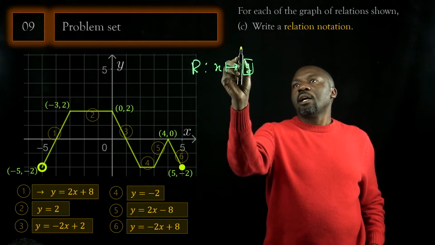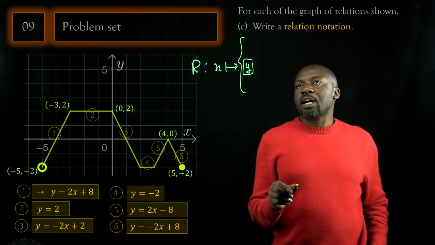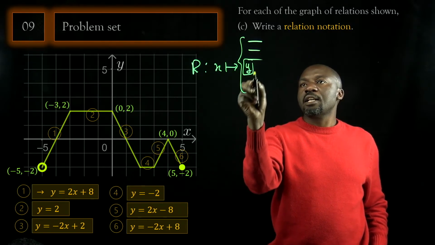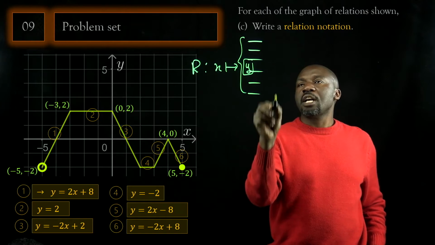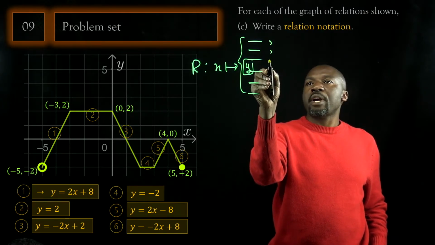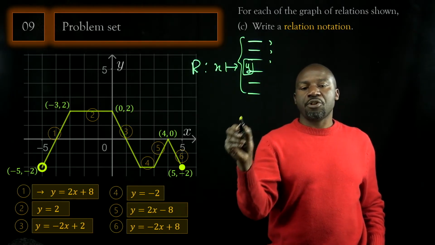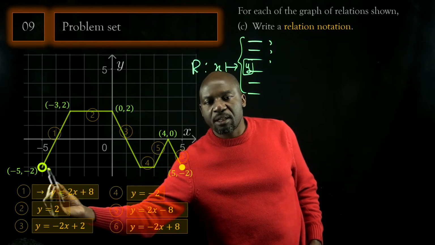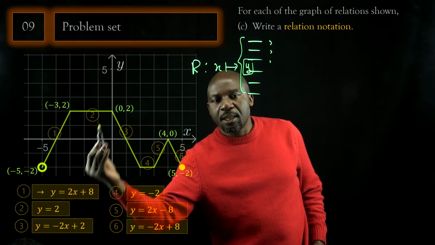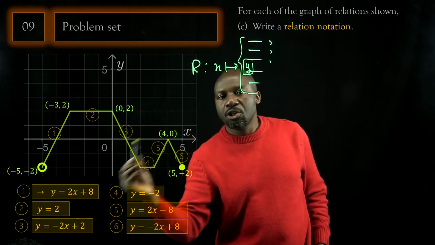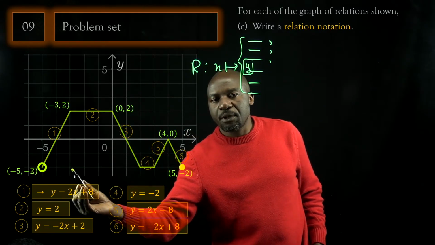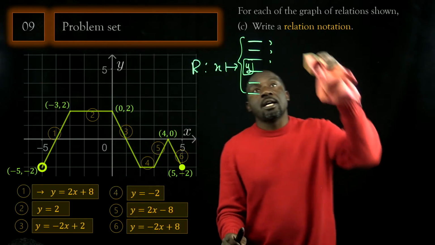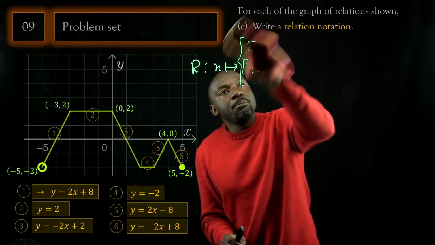Well, I put a large bracket there and I have to list all the 6 equations for the regions where they apply. So the first equation there applies only between negative 5 and negative 3. The second equation applies between negative 3 and 0, and so on. Okay? So if I write that down, I've completed that.